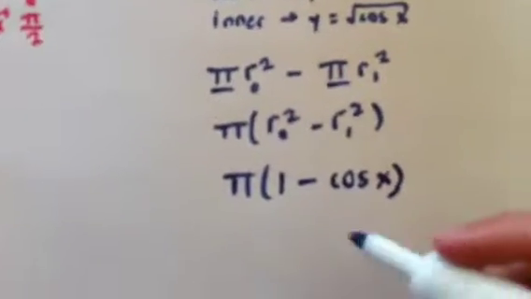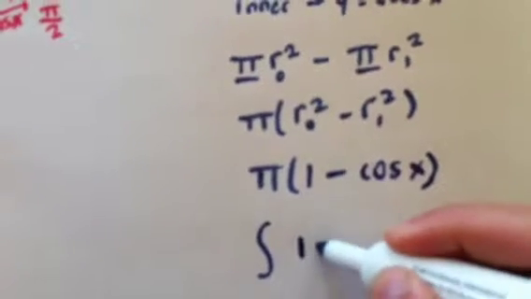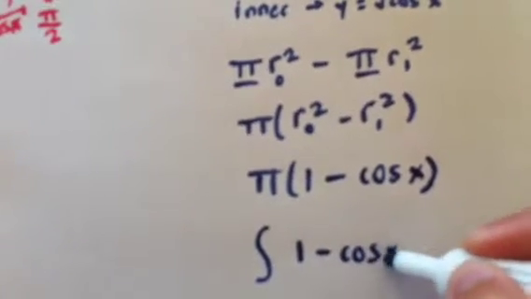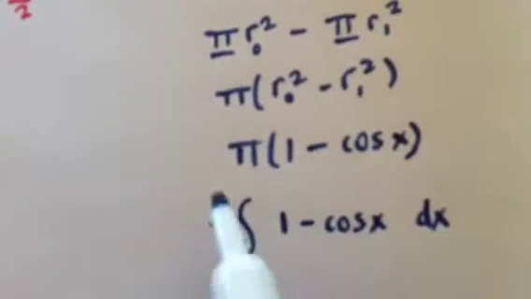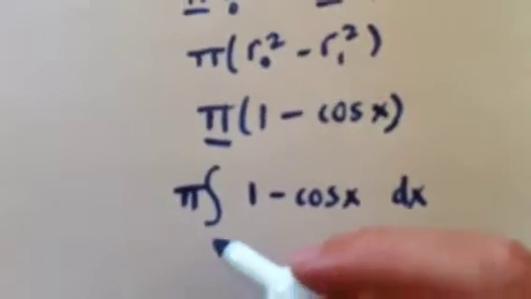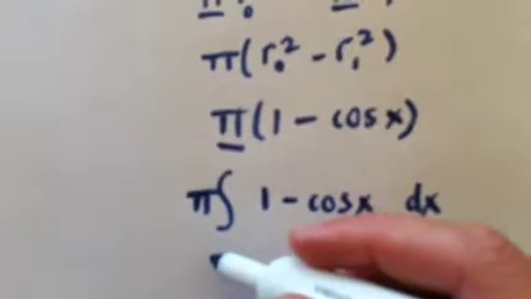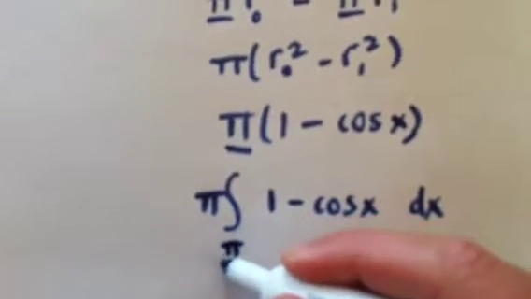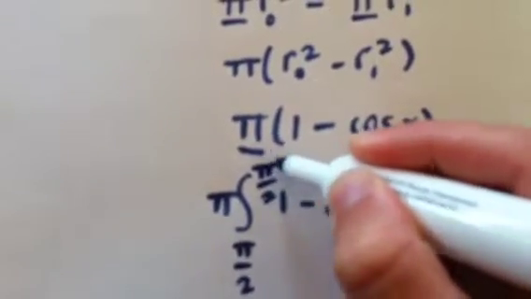And then when we set up our integral, we're going to do it with respect to x, and you pull your pi out right away because that's a constant. It's just a number, so you can pull that out. Now you can integrate this after you realize that you want to be going from negative pi over 2 to pi over 2.